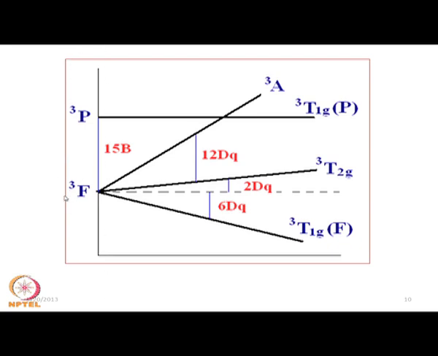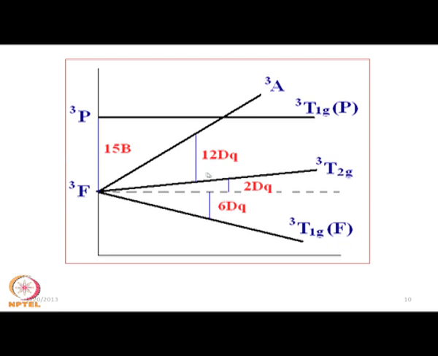That means the 3F is the ground state compared to the 3P state. So, when we have this 3F level split into 3T1g, 3T2g and 3A2g, we have these corresponding levels for the different transitions, and we have the separation between these two, 3F and 3P, as the corresponding value of 15B, which we will see how we plot in the Tanabe-Sugano diagram.